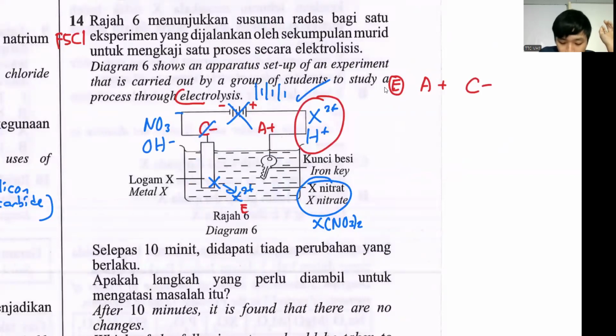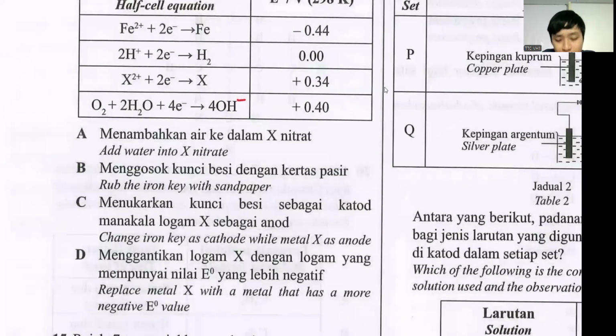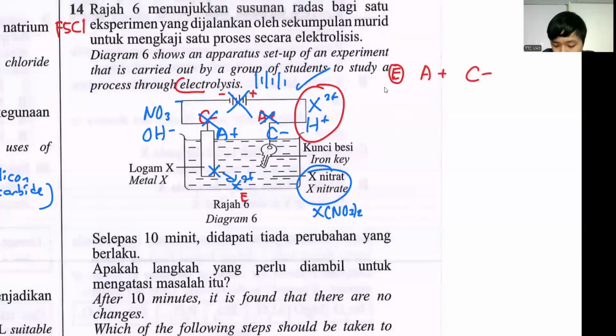Okay, and then in this case, X2 plus and H plus, which one has the more positive E-naught value? X2 plus. So X2 plus becomes X by undergoing reduction, receiving electron.